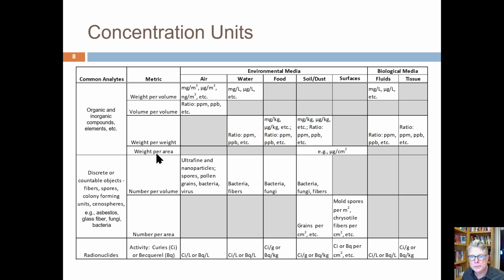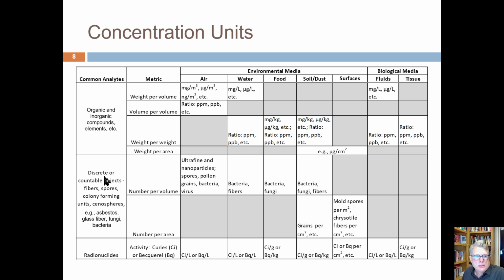All right. Sometimes in environmental health, an exposure measure is actually the weight per unit area, like micrograms of lead per square centimeter of floor material in a house. Right? That would be called a loading.